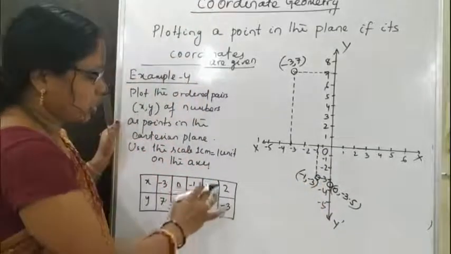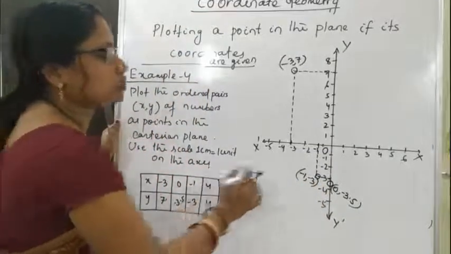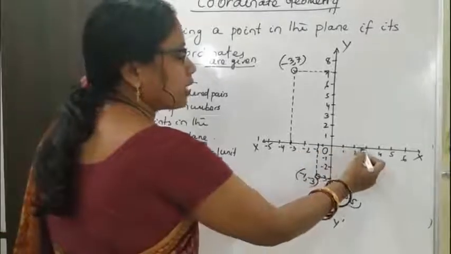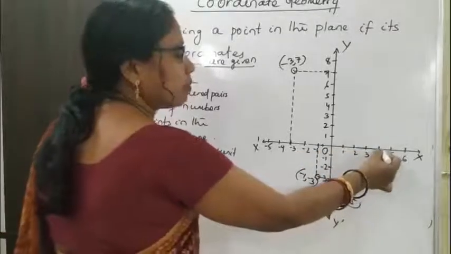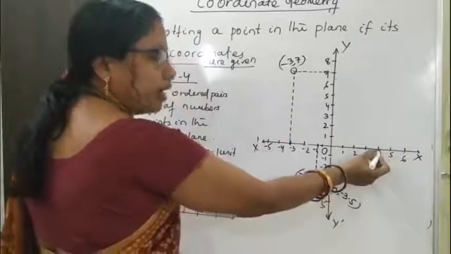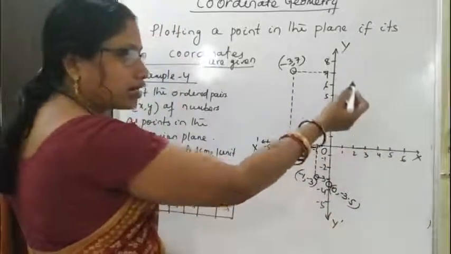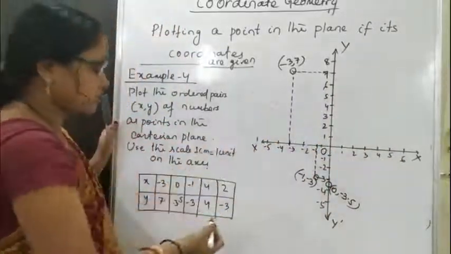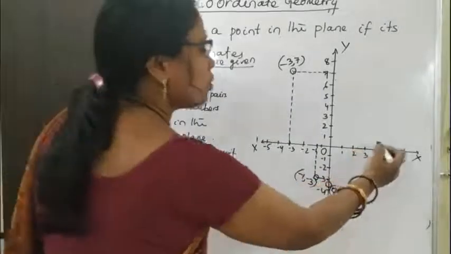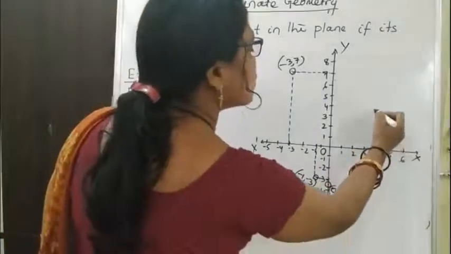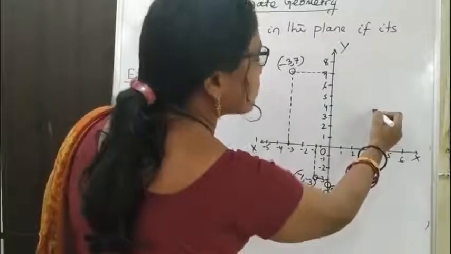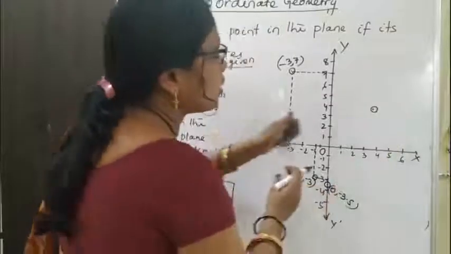Then (4, 4). The x coordinate is 4, the y coordinate is 4. So x coordinate 4: 1, 2, 3, 4. So from here we will move along the line parallel to the y axis but towards the positive direction. So this is 4: 1, 2, 3, 4. So this point will be here. So we have to draw the line.